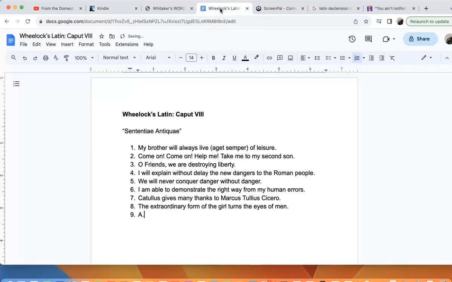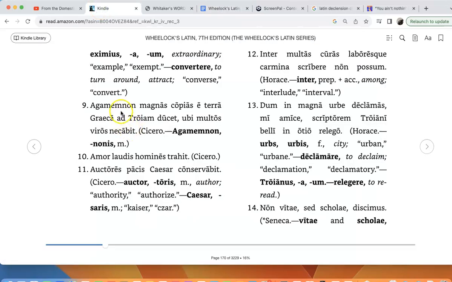And I'm just going to keep it shorthand. So Agamemnon will lead many troops from, we could just say Greece, to Troy, where he will kill many men. I think I got that right.